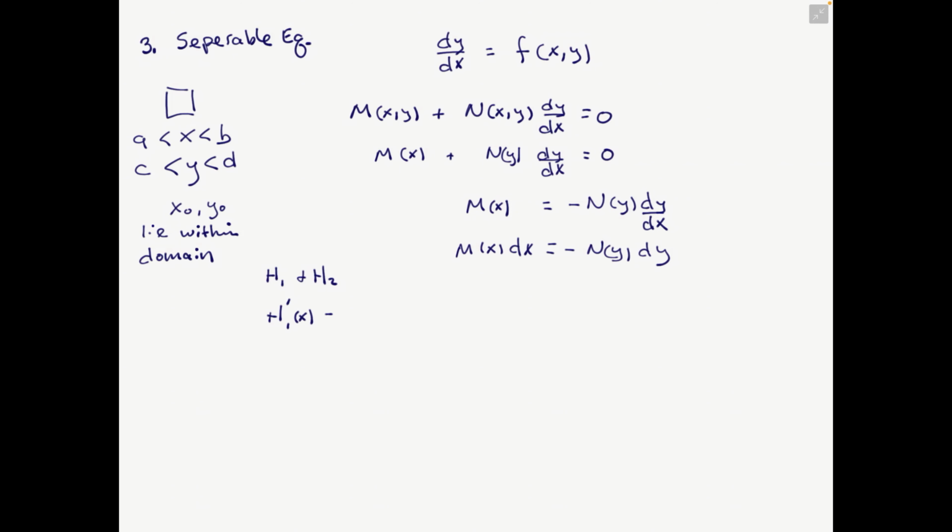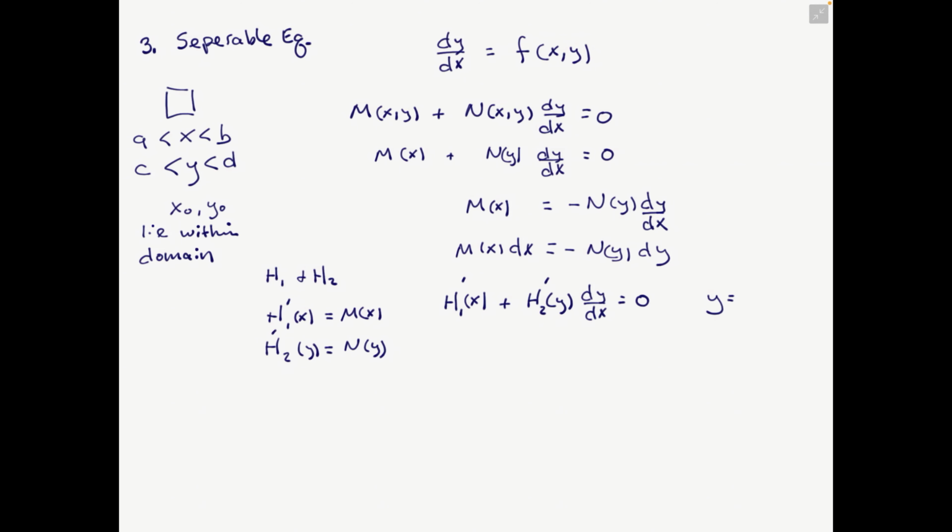And in this case, we assume that there exist some functions h1 and h2, such that the derivative h1 prime of x is equal to M of x, and h2 prime of y equals N of y.